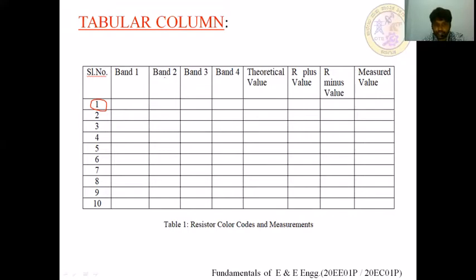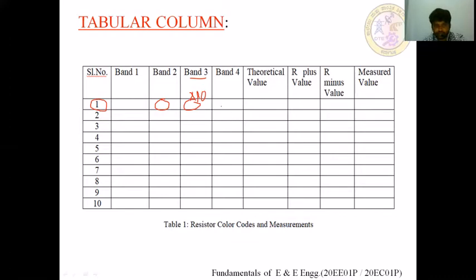Then for band 2, the color and the corresponding value of that color in the color code method. Next, band 3: again we write the color and the corresponding value. Band 3 acts as a multiplier, so this value is always written in powers of 10.